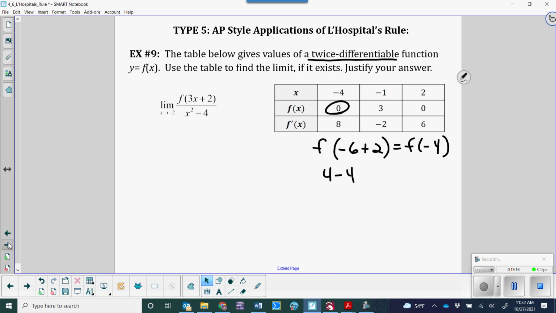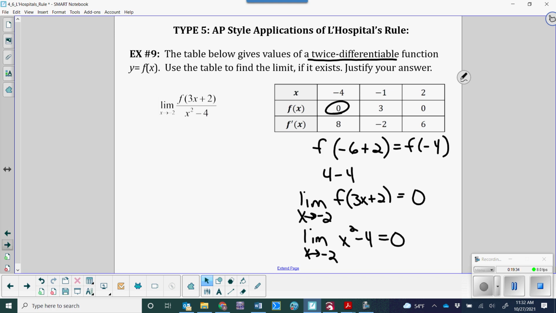Okay, so I'm going to write limit as x approaches -2 of f of 3x plus 2 equals 0. Limit as x approaches -2 of x squared minus 4 equals 0. So that means I can use L'Hopital's rule here. So by L'Hopital's rule, this equals the limit as x approaches -2.